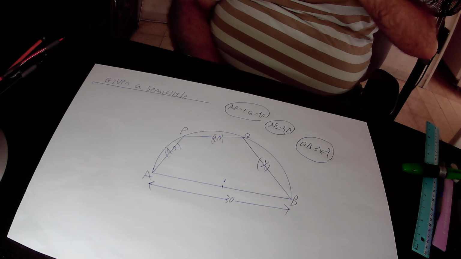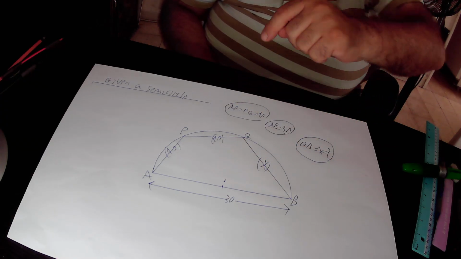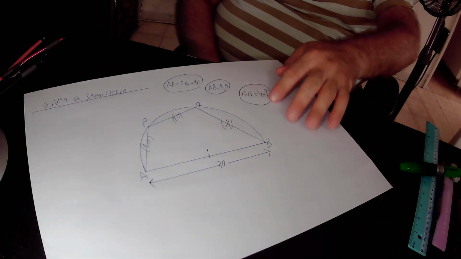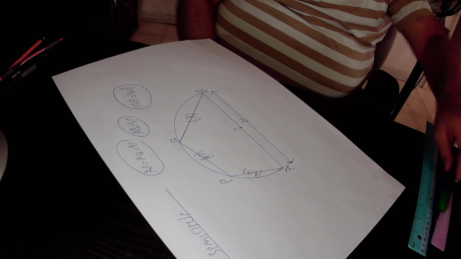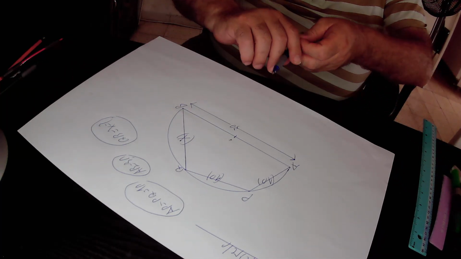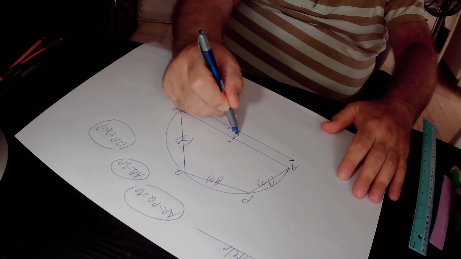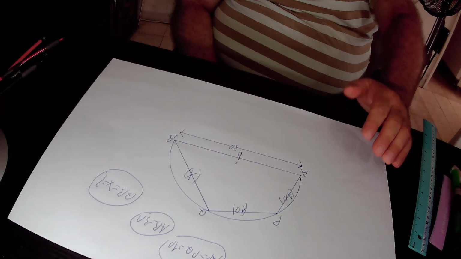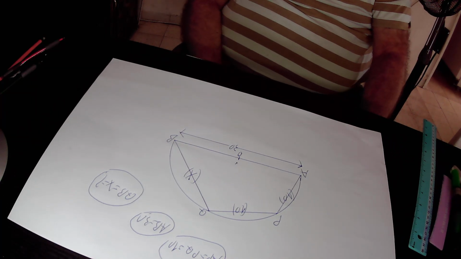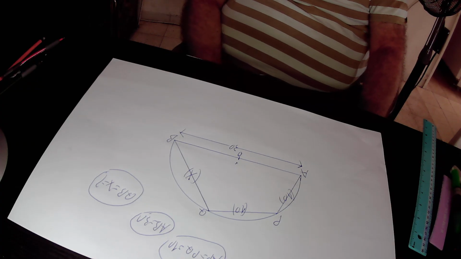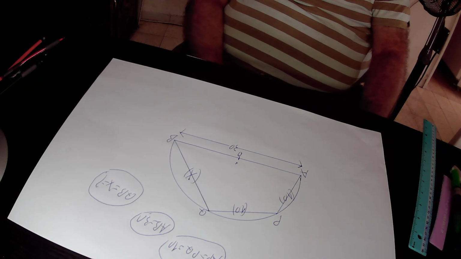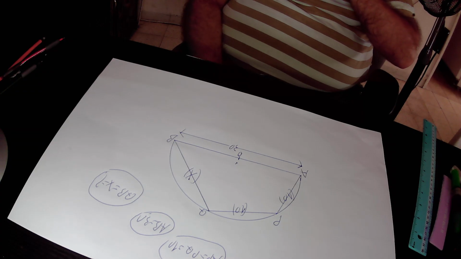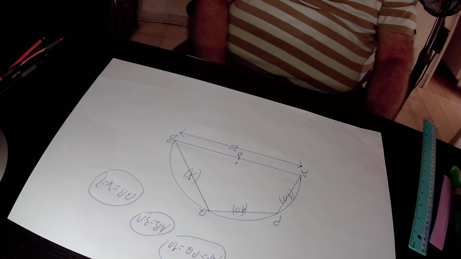In the first step, we define the center of this circle. This point is point O. We know that the diameter of this semicircle is 30 units in length. If the diameter is 30, the radius must be half of it, that is 30 over 2, which is 15.